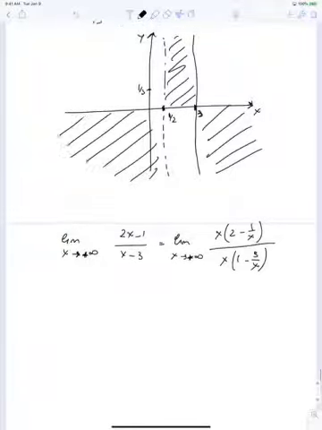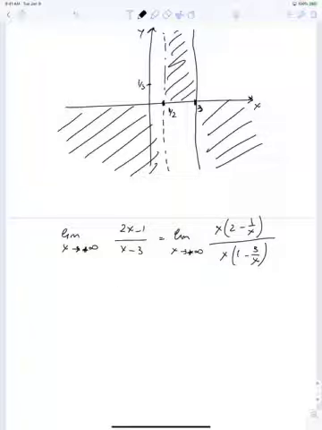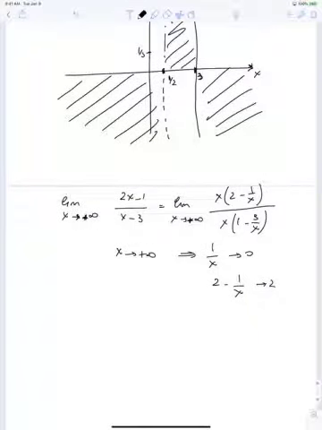So if x goes to plus infinity, then 1 divided by x goes to 0. So 2 minus 1 divided by x goes to 2. And then 3 divided by x goes to 0, so 1 minus 3 divided by x goes to 1. So this quantity here goes to 2 divided by 1, so the limit is equal to 2.